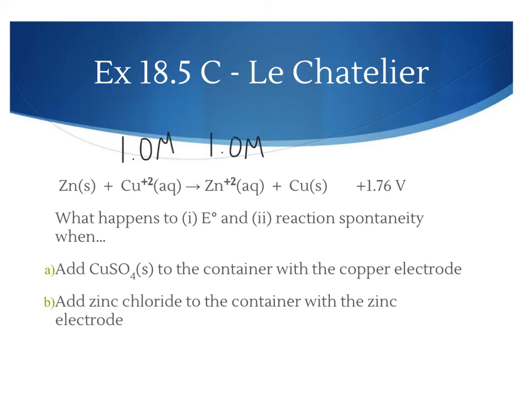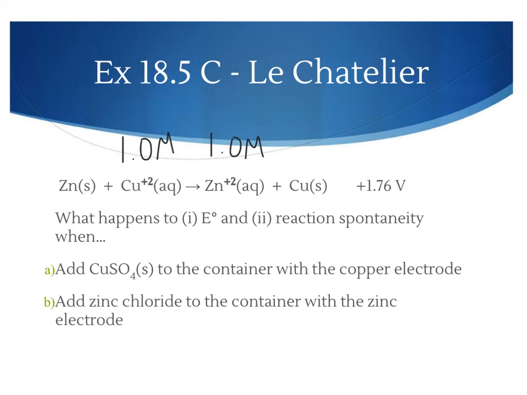So if we were to add copper sulfate to the container with the copper electrode, that is another source of copper ions. Some of that would dissociate, and that would be an increase in copper ions. That would shift right, and we would expect that to increase the voltage.